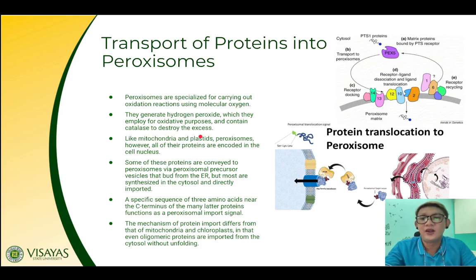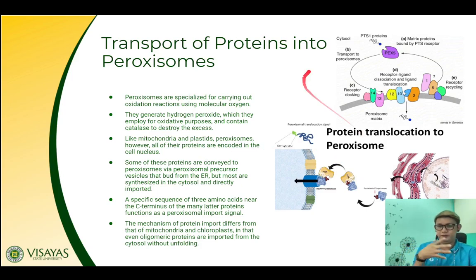Unlike mitochondria and chloroplasts, all of the peroxisomal proteins are encoded in the cell nucleus. Chloroplasts and mitochondria can synthesize some of their own proteins because they have their own genetic material and ribosomes, but peroxisomes do not have that capacity.